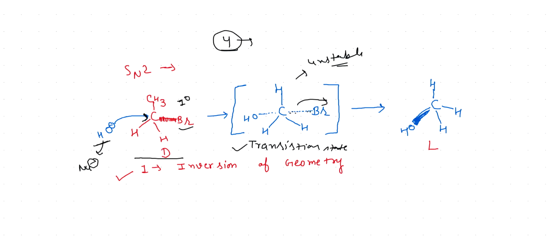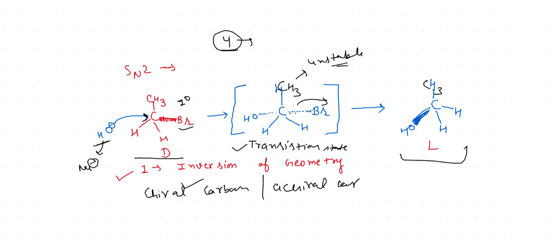See, the product formed here is... you can see in this there is inversion of geometry. As this is not a chiral carbon, this is a chiral carbon. So when you use the chiral carbon, you will see there is inversion in geometry. What is the meaning of inversion of geometry?